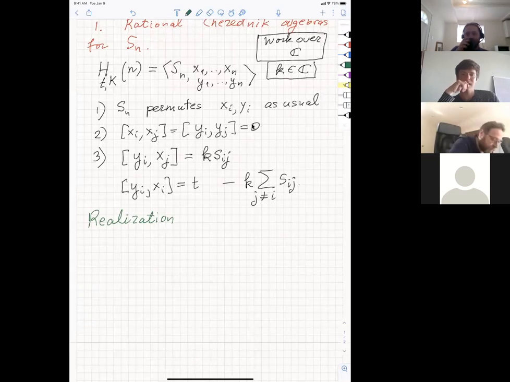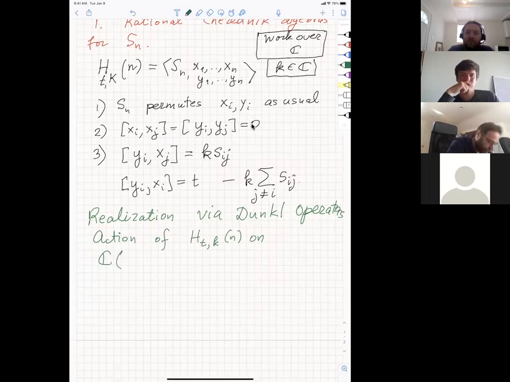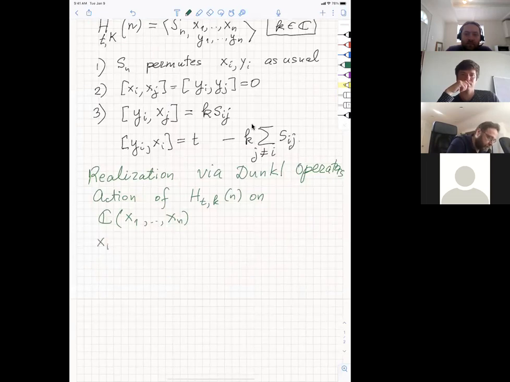So there is a realization via Dunkl operators. This is the following. It's an action of this algebra on polynomials, well, maybe rational functions. But if you conjugate appropriately, it will preserve polynomials in x_1, ..., x_n, and x_i act just by multiplication by x_i, and s_ij just act in the usual way.